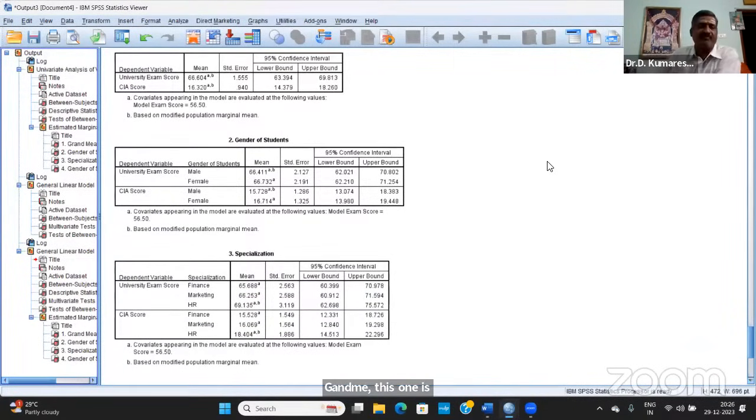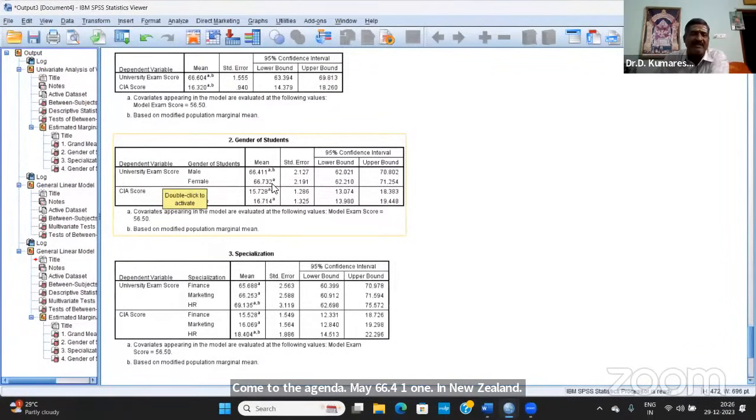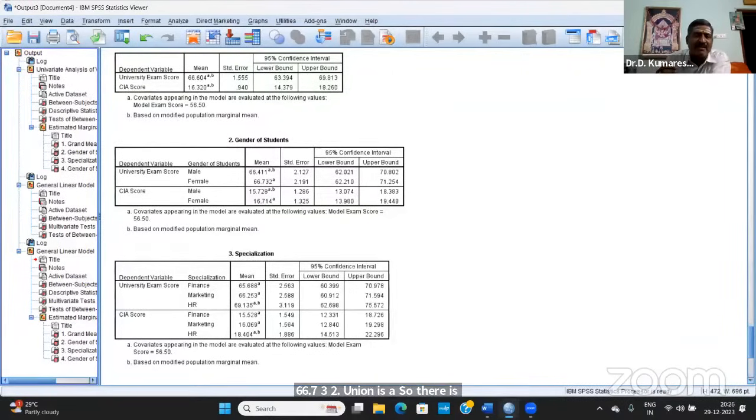Come to the gender. Male, 66.411 in university exam. Female, 66.732 in university exam. So there is a marginal difference between male students and the female students. In the case of CAA score, male students 15.728, female students 16.714.